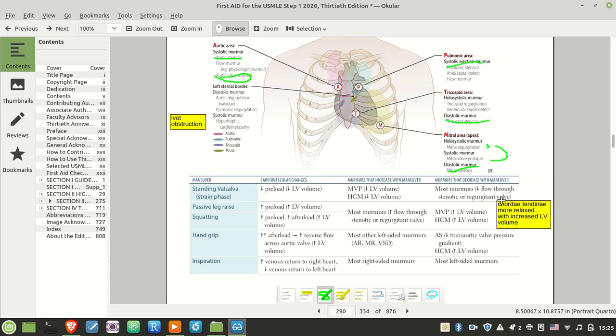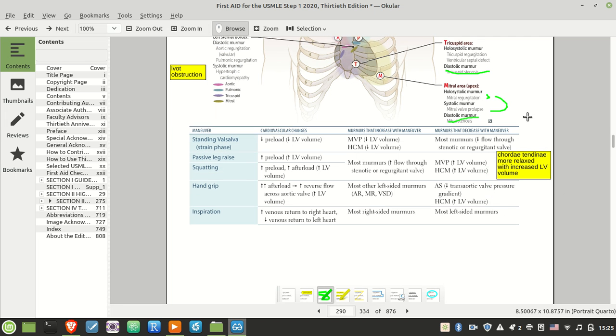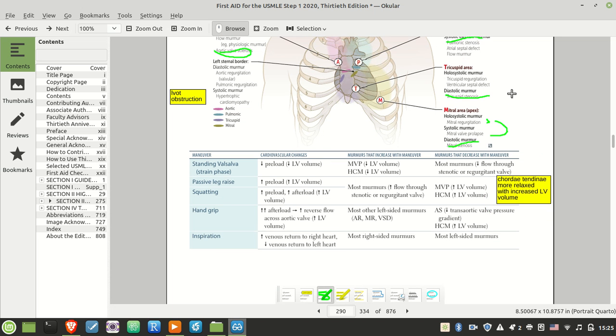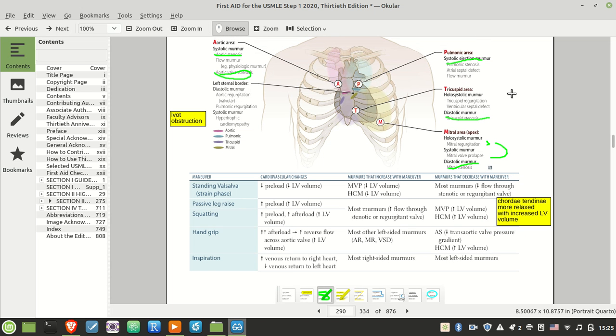Mitral valve prolapse really has to do with this here, the chordae tendineae, whereas mitral regurgitation has to do with just a messed up valve. Sometimes they go hand in hand, but they're two different things. And when we talk about the different murmurs, it's going to start making a lot of sense in terms of the pathology and how it relates to the murmurs.